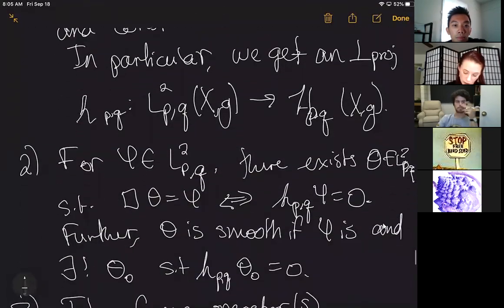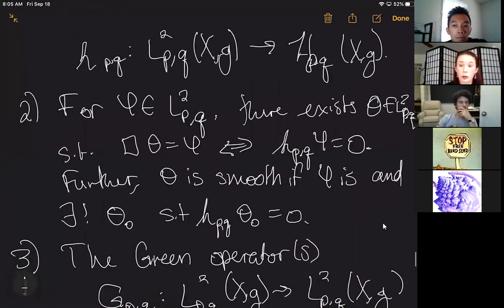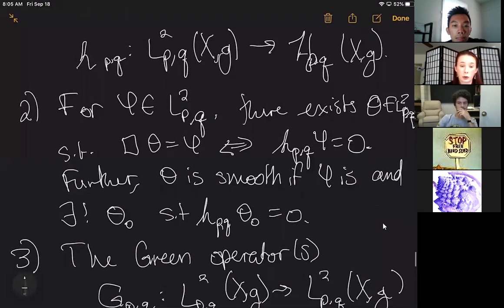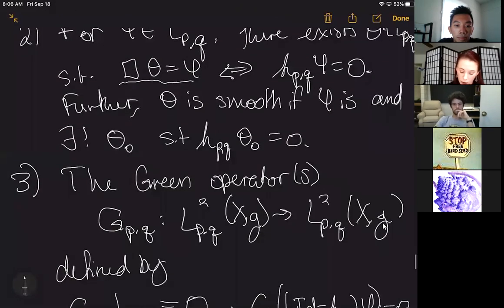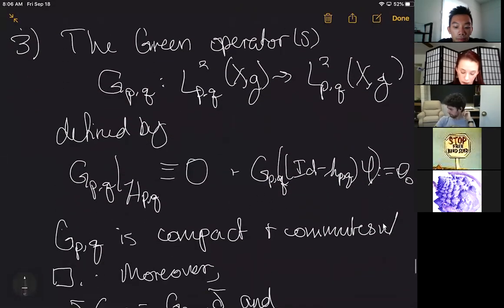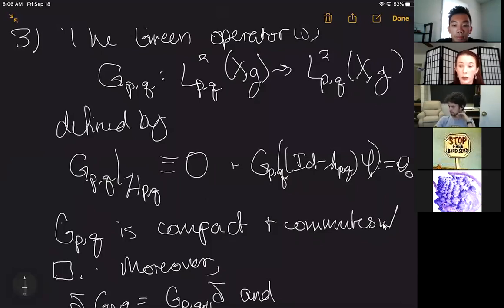The second has to do with finding solutions to the equation box theta is equal to phi. And the third part has to do with our Green operator, which is going to be the way that we invert the Laplacian off of its kernel.